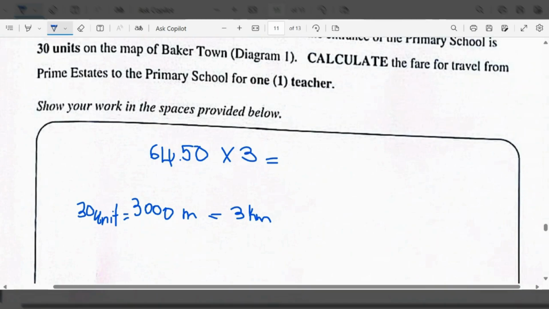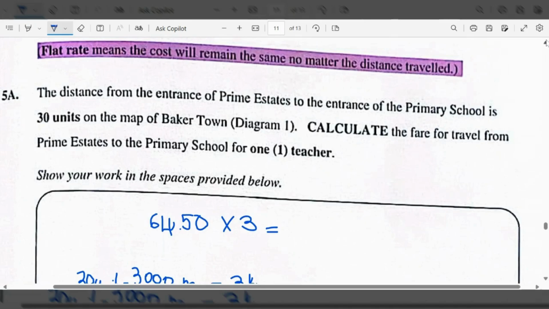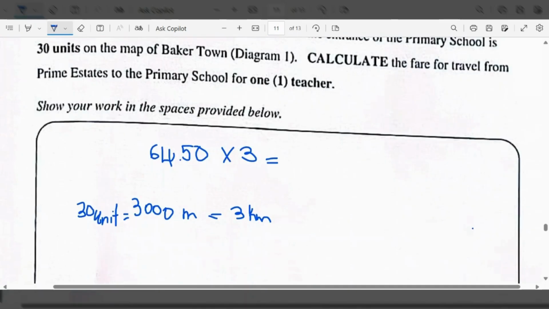And that is 193.5. But it said to, let me see. Alright, so the fare for one teacher would be 193.5 or 0.50.